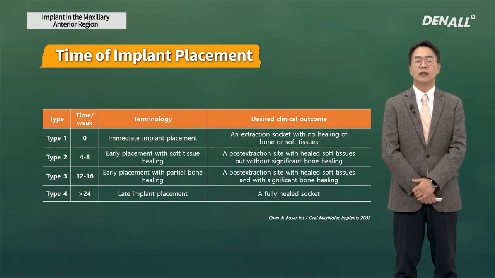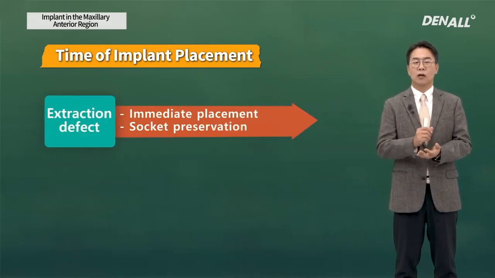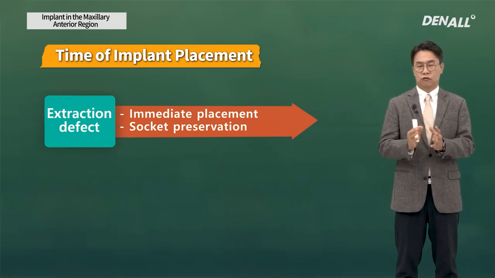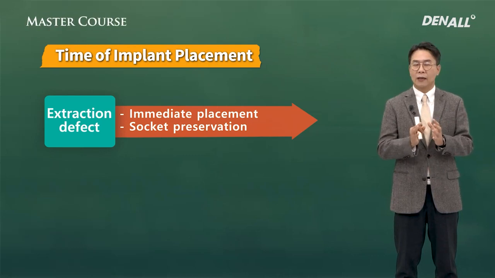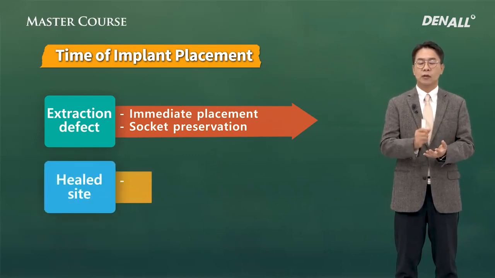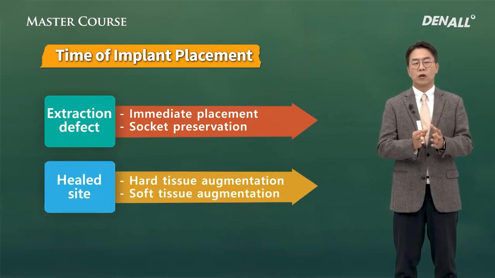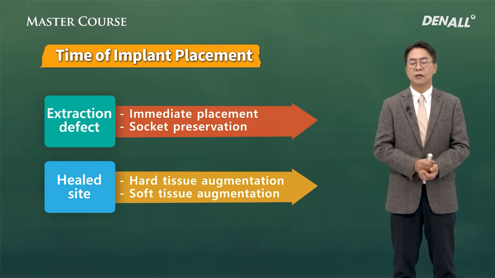The biggest difference is in the extraction defect, we can do the immediate placement or socket preservation based on the treatment plan. In the healed site, the tooth is already extracted, so if hard tissue or soft tissue are deficient, augmentation can be done.